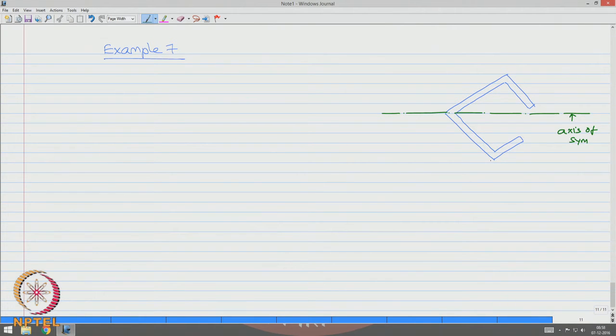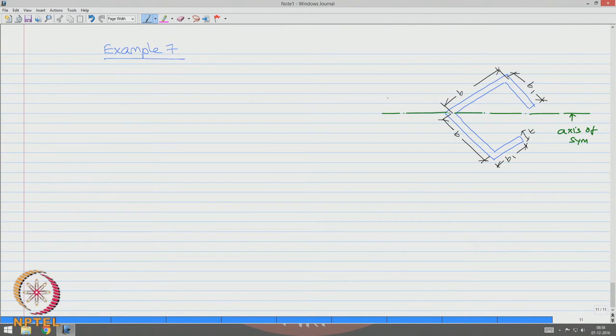Say this distance is B1 and this distance is B and this is also B and this is also B1. The section has uniform thickness which is T.